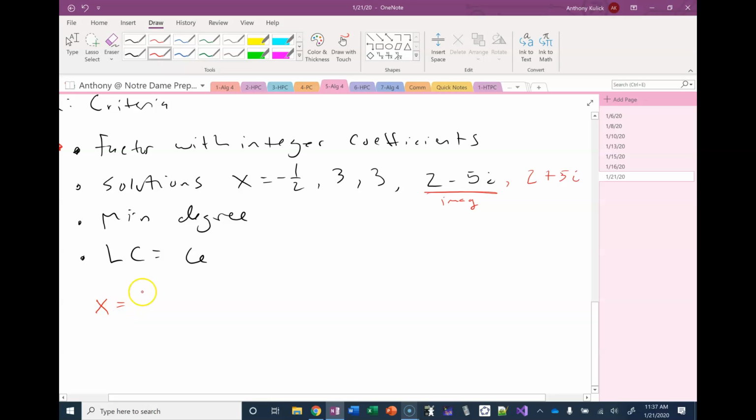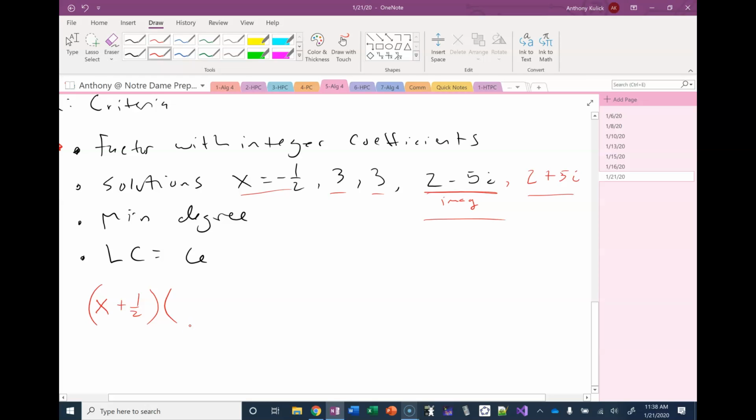So just like we did before, I'm going to convert each one of these into a factor. What factor does x equals negative a half turn into? x plus a half.